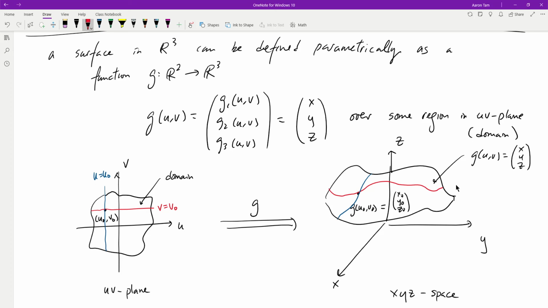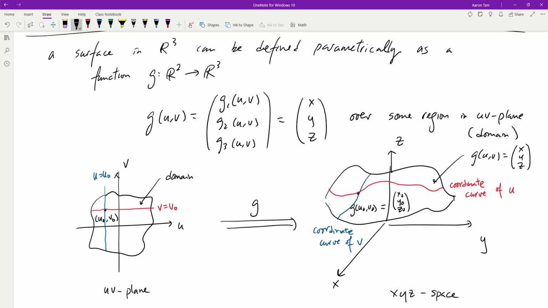This one is called the coordinate curve of u, because v is fixed, so only u is changing, while this one is called the coordinate curve of v, because u is fixed, so v is the only one that's changing. And here comes the important part.